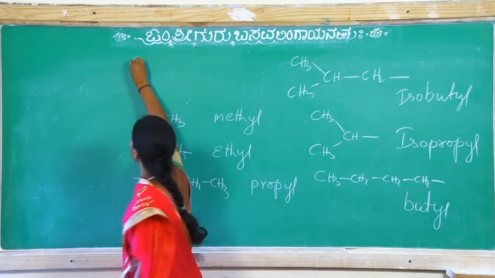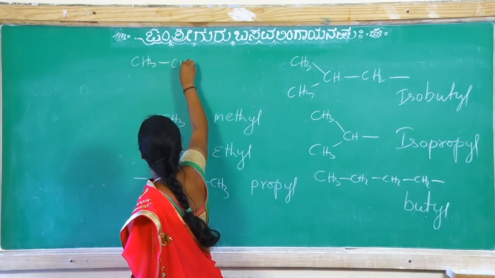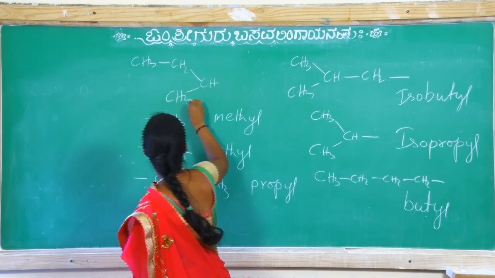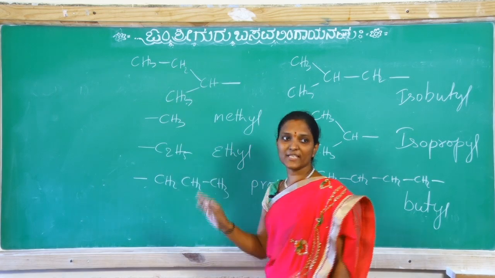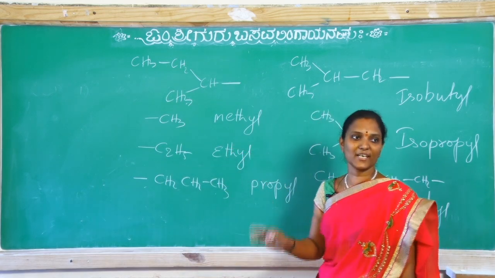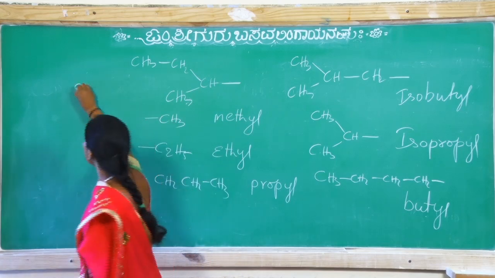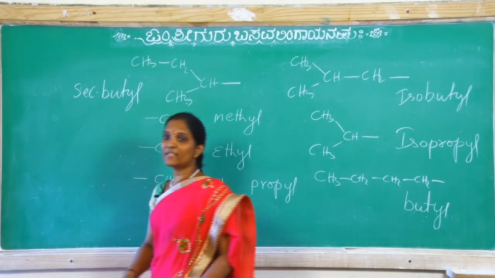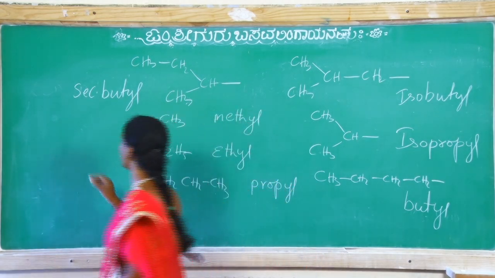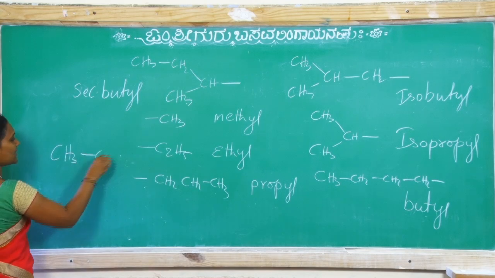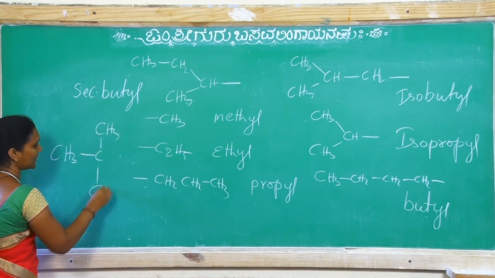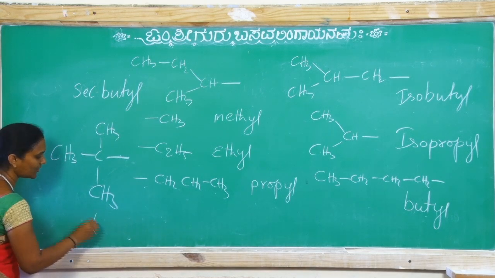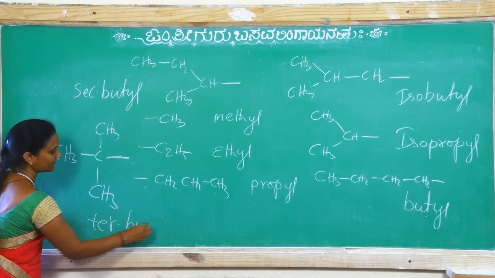If the branch is like this one branch attached, CH3, CH2, CH, CH3, this branch name secondary butyl. CH3, C, CH3, CH3. Like this one branch attached. This branch name tertiary butyl.